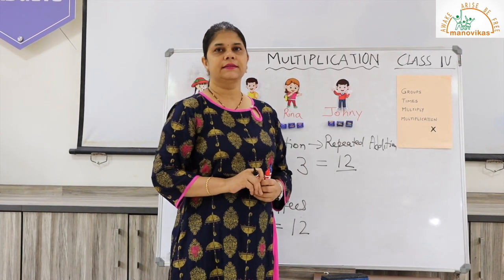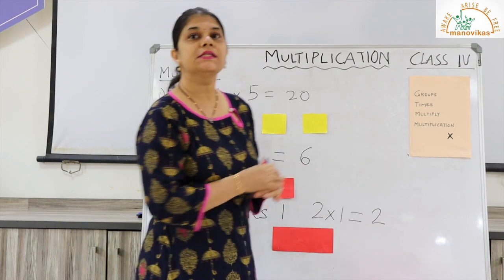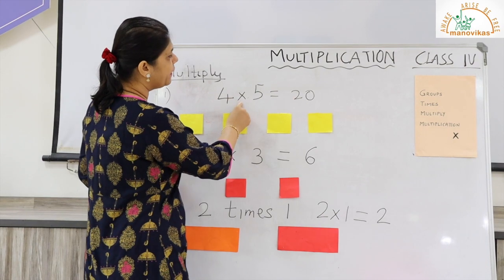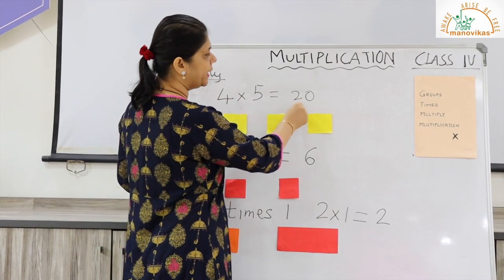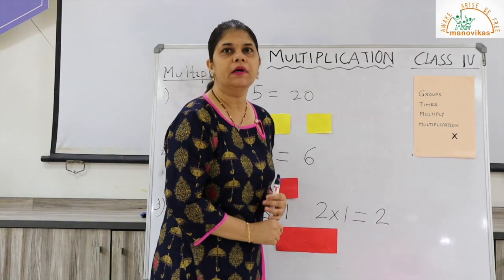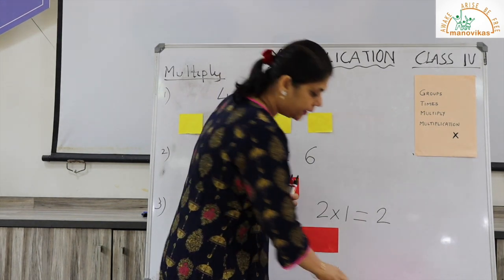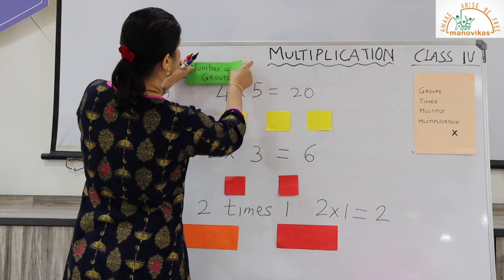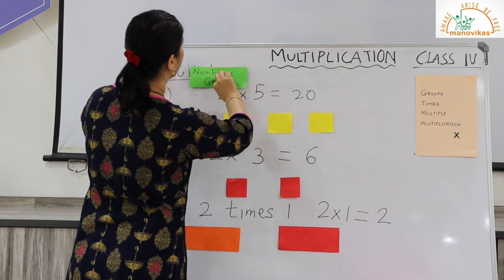Is it clear? Students, multiplication sums are usually written this way: 4 multiplied by 5 equals 20. I want you to remember a few points here. The first number, that is the number 4, tells us the number of groups.